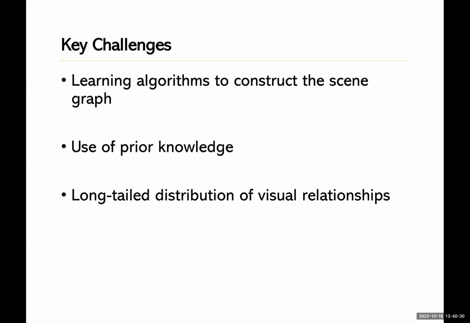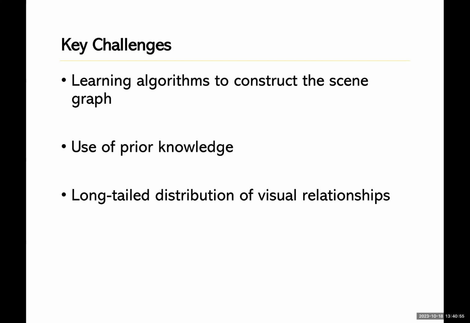So some of the key challenges: the learning algorithms actually construct the graphs. This is a hugely challenging problem. And the results you'll see as we go through this, they're not quite to the point, I think, where this can be impactful in a lot of real world stuff.